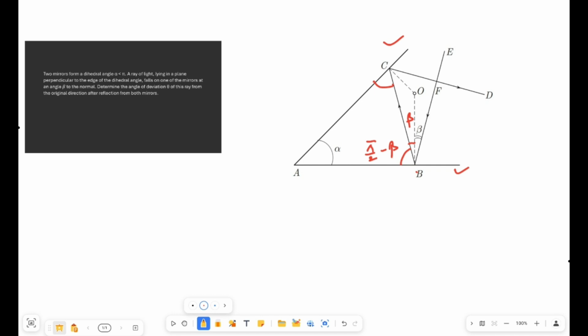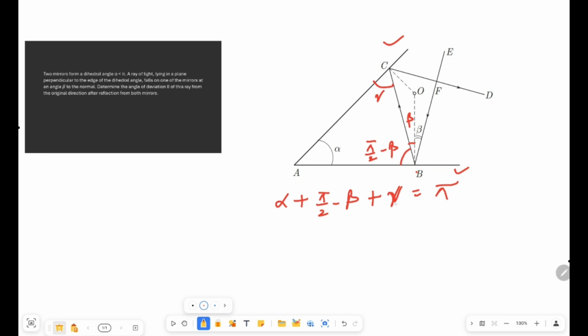What is this? If we consider this triangle ACB, let us call this angle gamma. Then alpha plus pi by 2 minus beta plus gamma is equal to pi. The sum of the three angles of a triangle is equal to 180 degrees.